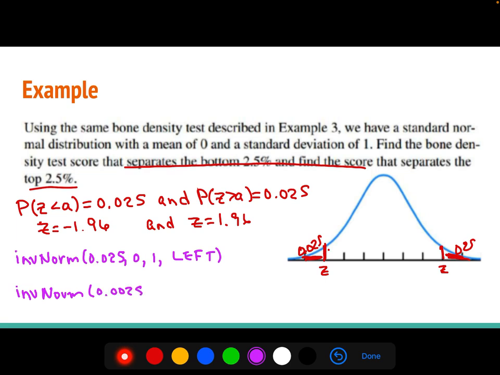And inverse norm, our area is 0.025, 0, 1, and right. In doing so, this one will give us our negative 1.96 when you round it, and this one will give us our positive 1.96 when you round it.